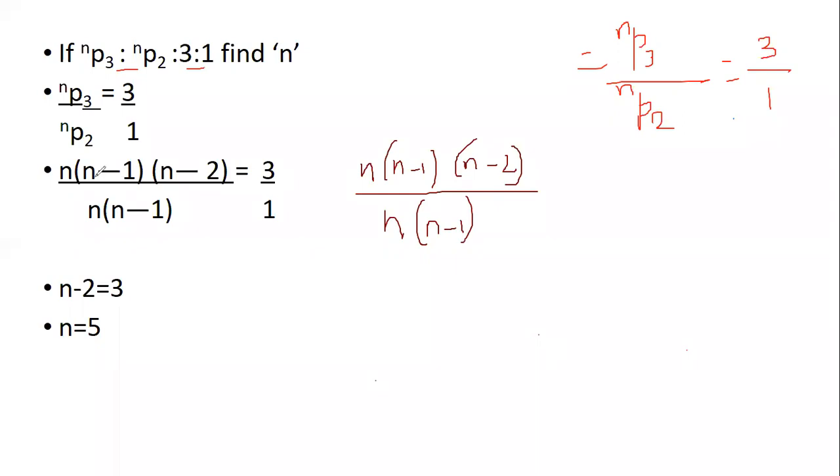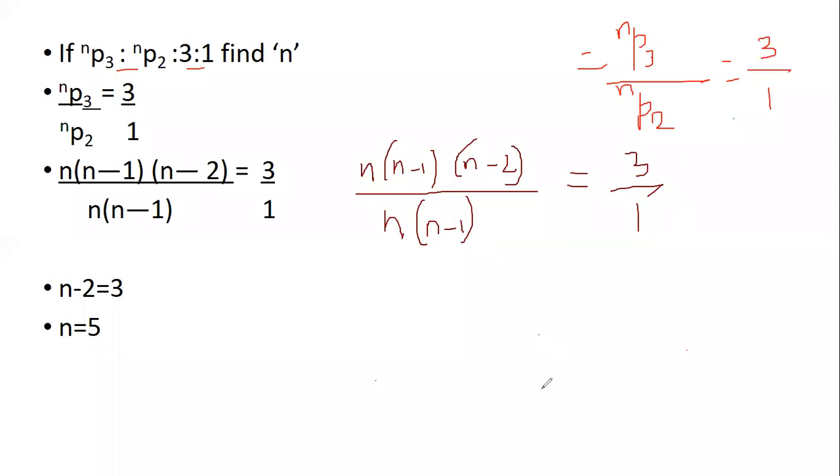Correct? Everybody agree until here? nP3 is n into n minus 1 into n minus 2. Okay, and then you have n into n minus 1, which is equal to 3 divided by 1.